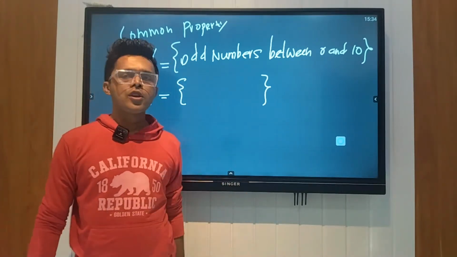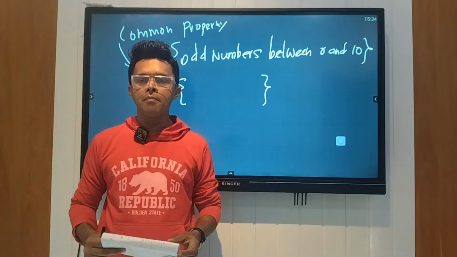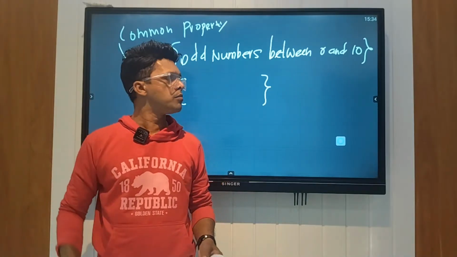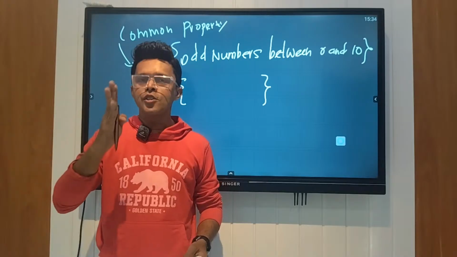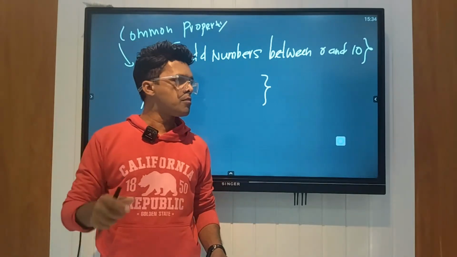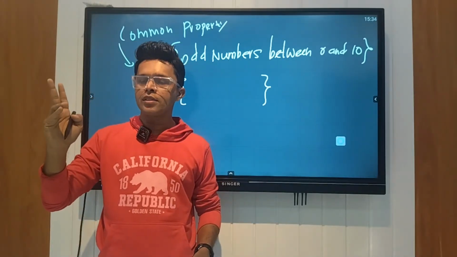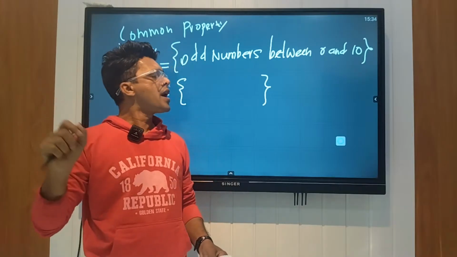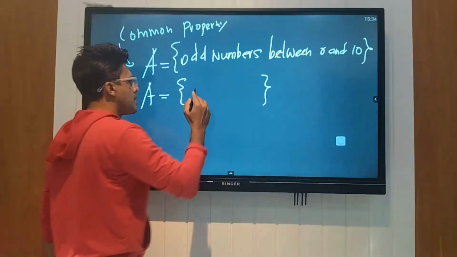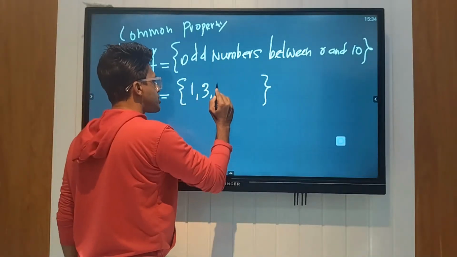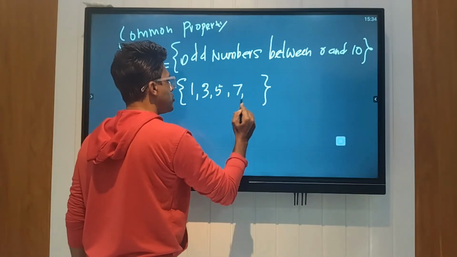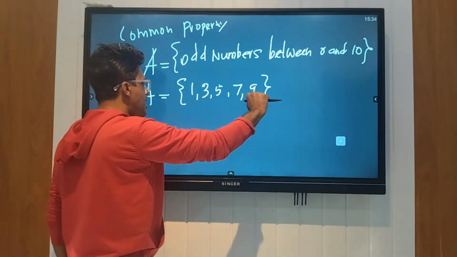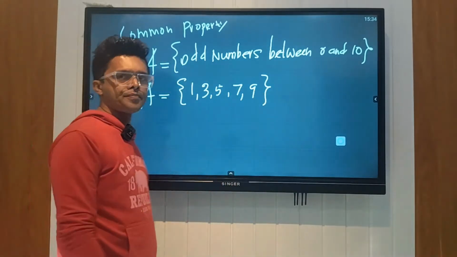Odd numbers between 0 and 10. Just recall the odd numbers found between 0 and 10. The first odd number is 1, then 1, 3, 5, 7, 9. These are the elements of the set A.